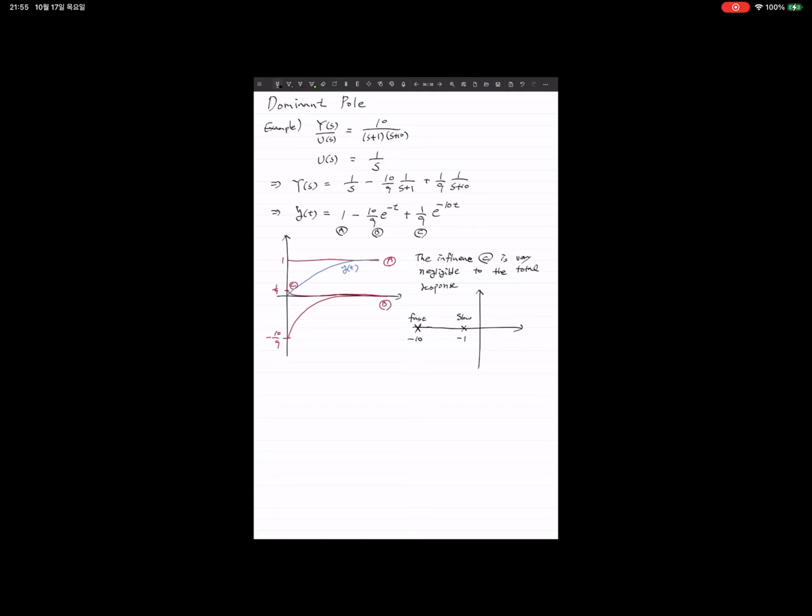Since the response of this pole location is very fast, the response due to this pole is negligible to the total response, and we call this pole the dominant pole.